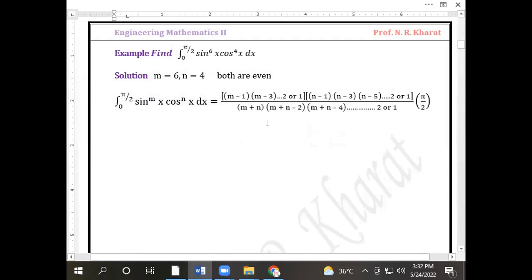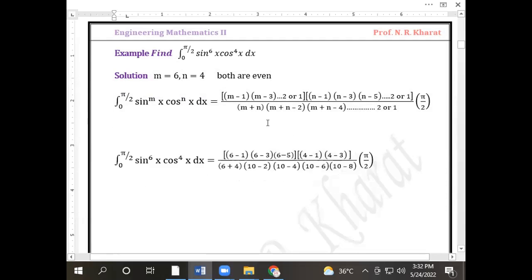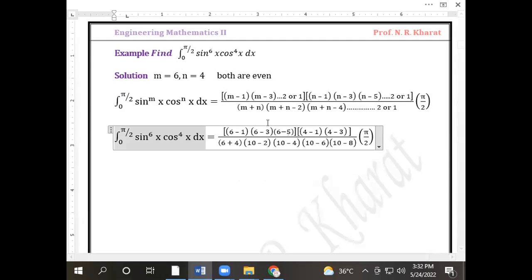Lastly, we multiply this ratio by pi by 2. So putting the values for m and n, we get the solution of this example: 6 minus 1, 6 minus 3, 6 minus 5, multiplied by 4 minus 1, 4 minus 3, divided by 6 plus 4.